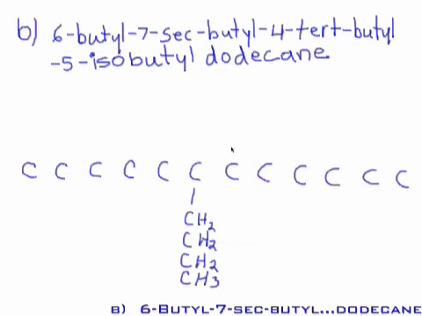After carbon 7, I have a sec-butyl. A sec-butyl is this. Off of carbon 5, I have an isobutyl.